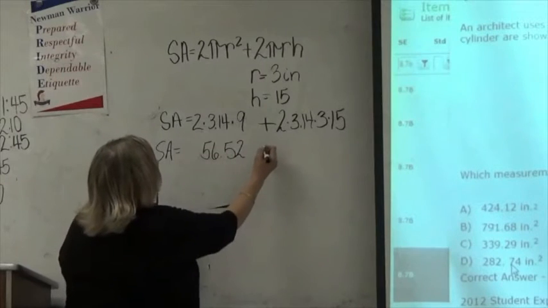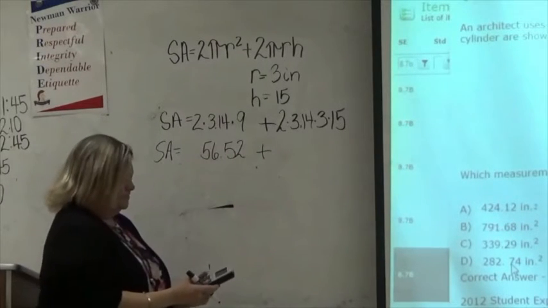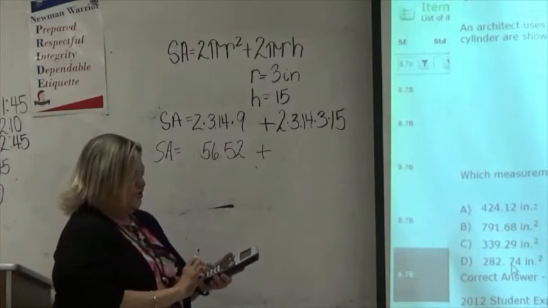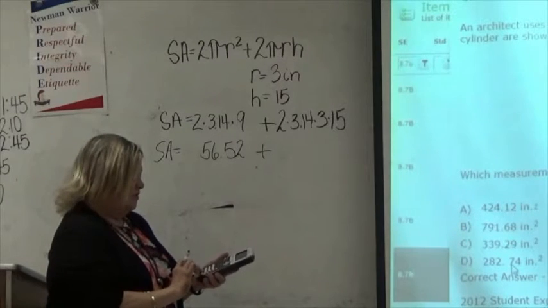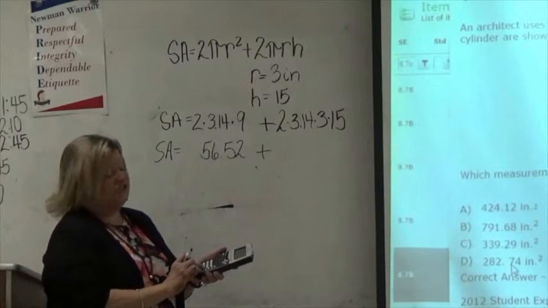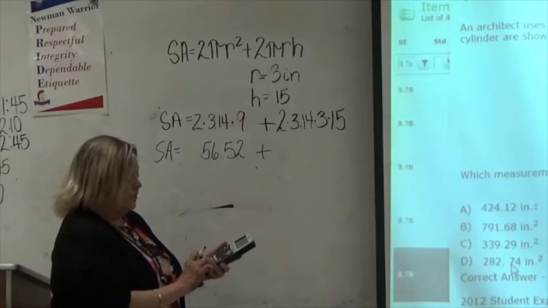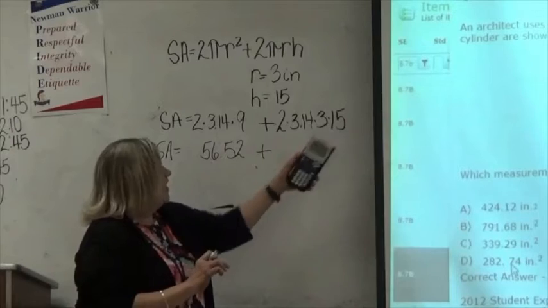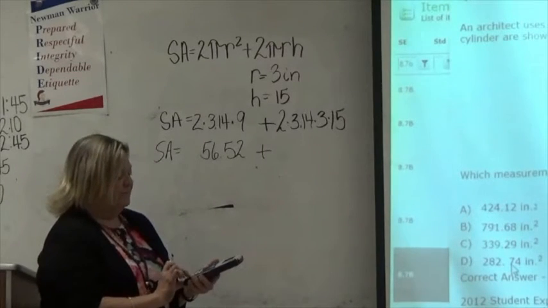I'm going to add that to 2 times pi, 3.14, times the radius, which is 3, not the radius squared, just the radius, and times the height, which is 15.